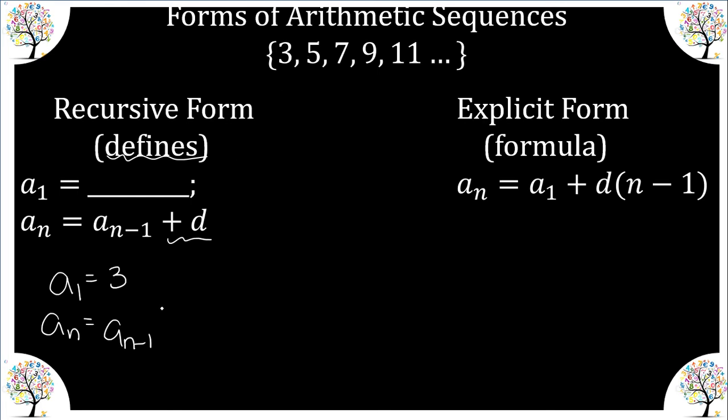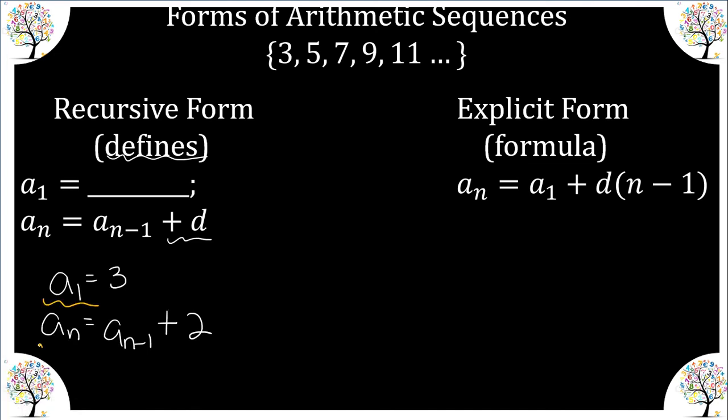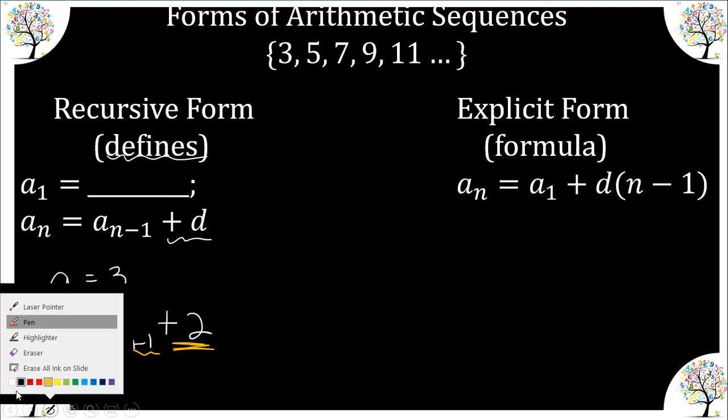Well, it's plus 2. So we put plus 2. It's just a fill in the blank. All this other notation is the same every time. You're just filling in the first term and the common difference, the pattern.